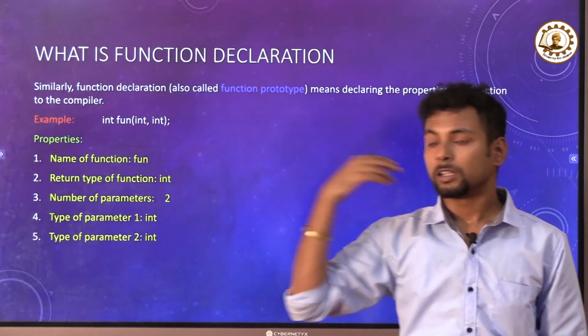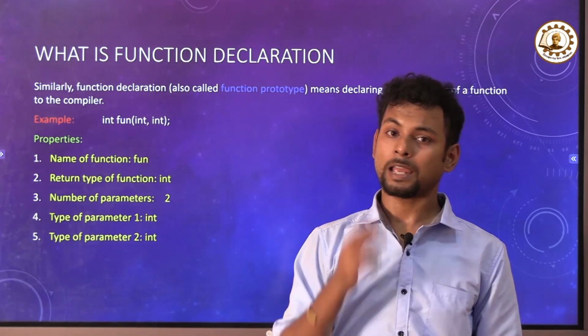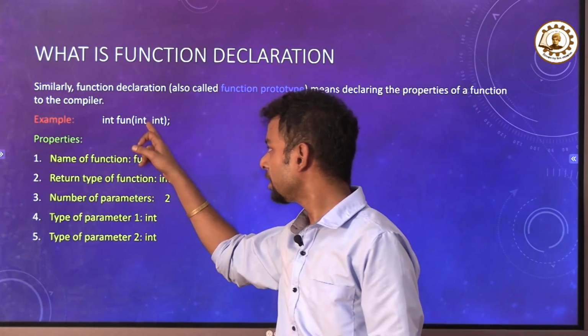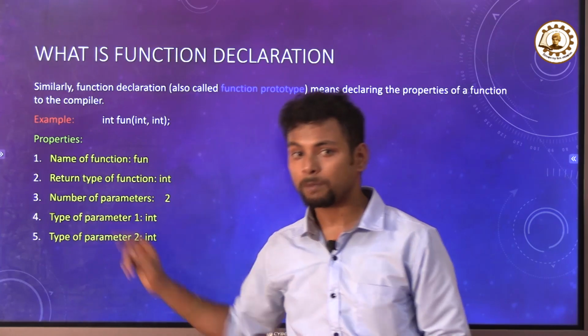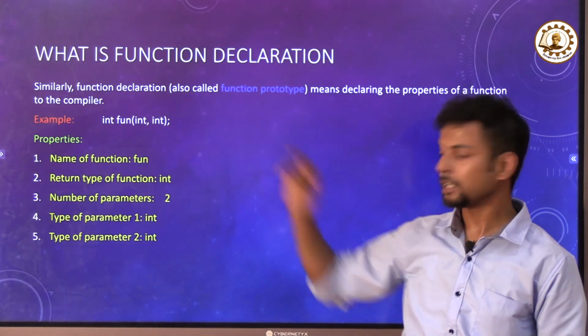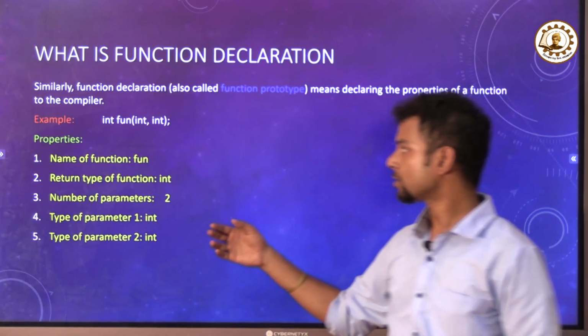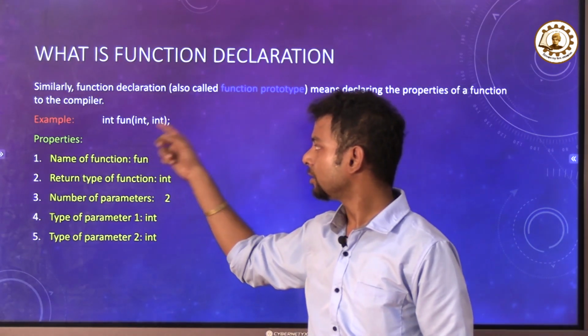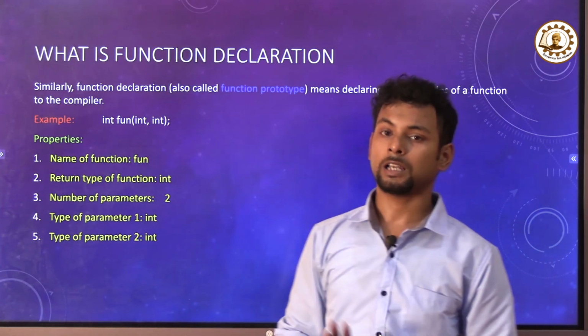That means this function will take 2 parameters at a time. So the number of parameters is 2. And what are the types of parameters? The first parameter is of integer type, and the second parameter is also of integer type. So whenever you declare this function, these parameters are of integer type.